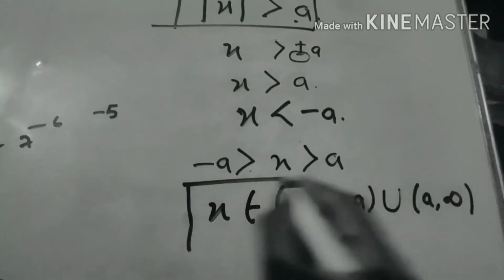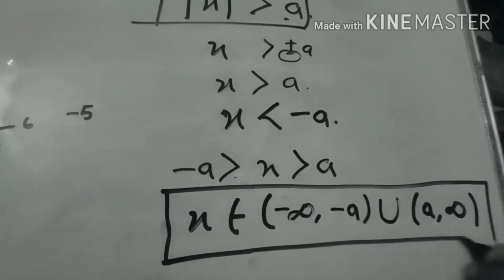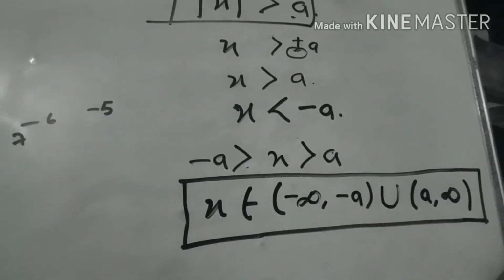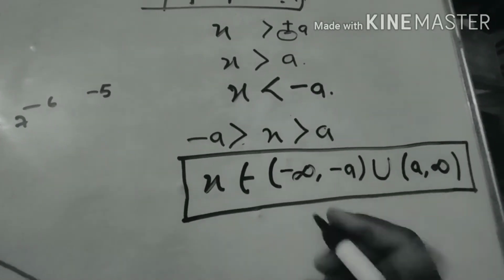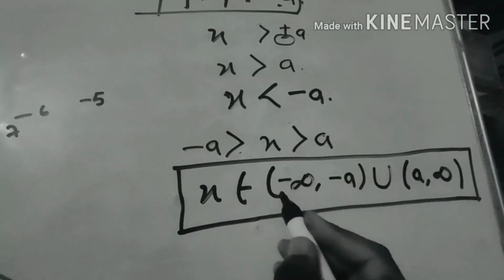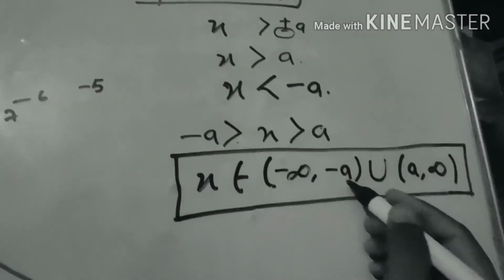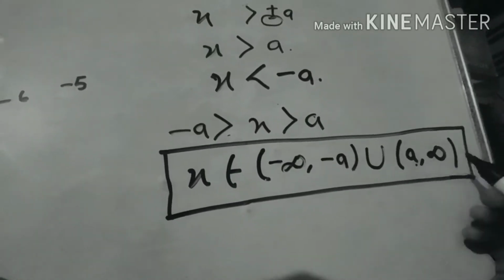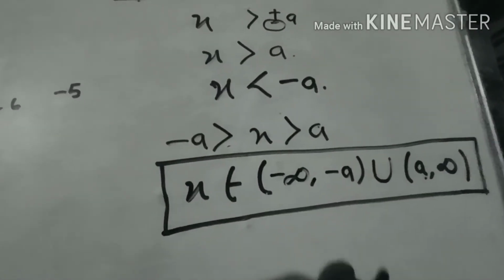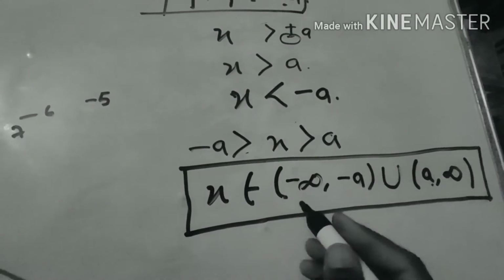So the value of x will be from minus infinity to minus a, where minus infinity is not a number, it is just defined as a point which cannot be considered as a number. So we take an open bracket at minus a, where minus a is not included, and from a to infinity. Okay, so the x value will be this.